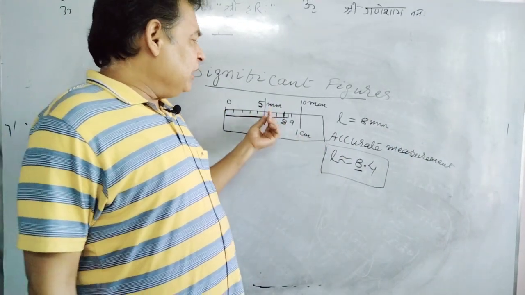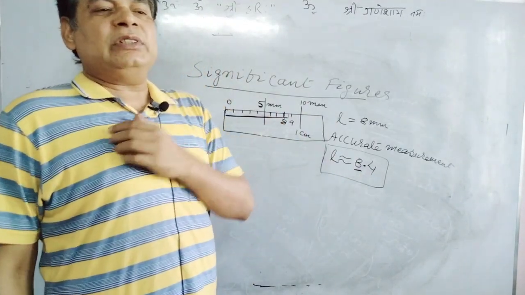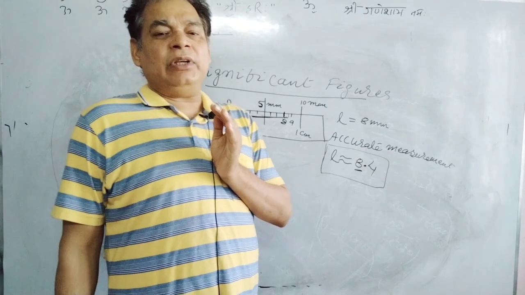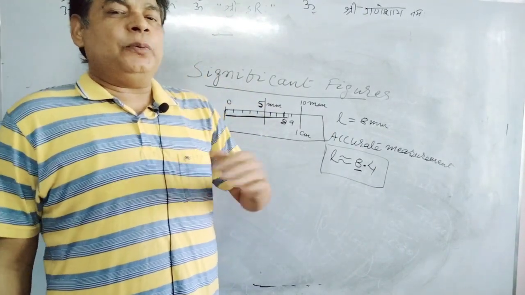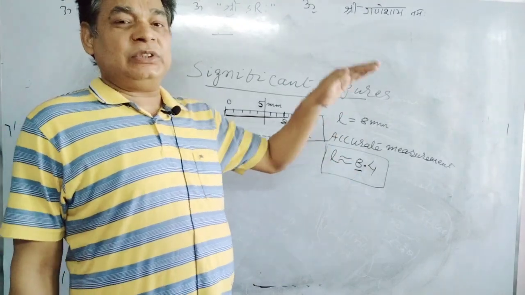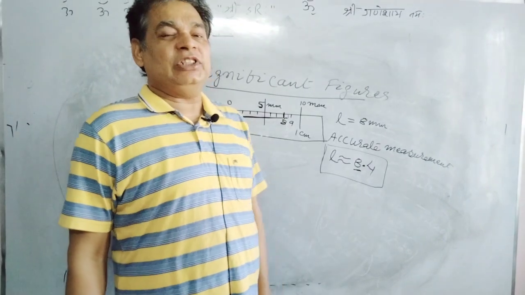If a measurement has a greater number of digits, it means that measurement is more accurate. The number of significant digits indicates the accuracy of measurement.